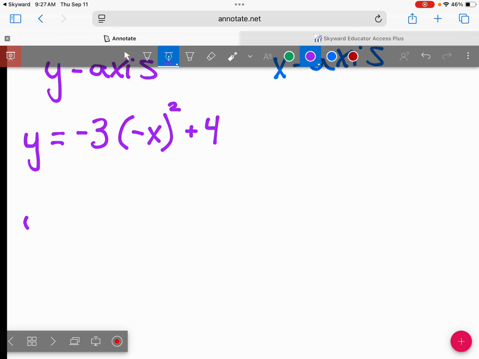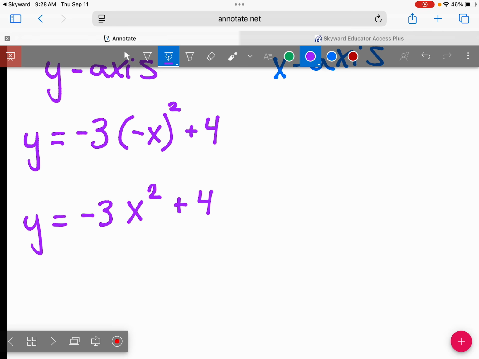Positive x squared. So we're going to have our minus 3, and this minus x being squared is the exact same thing as if we just had x squared. It doesn't matter if x is negative 2, negative 2 times negative 2 is positive 4, or if x is positive 2, positive 2 times positive 2 is 4. Doesn't matter if x is positive or negative, I'm going to get the exact same answer either way.